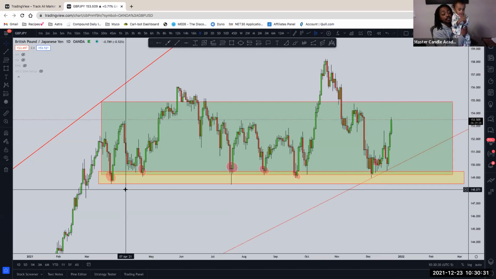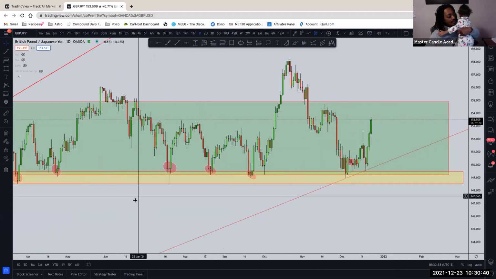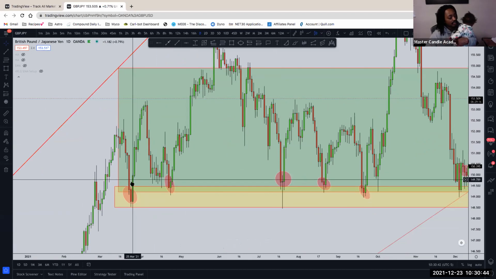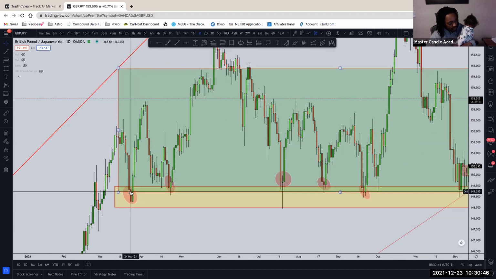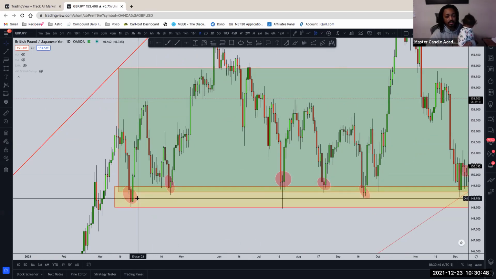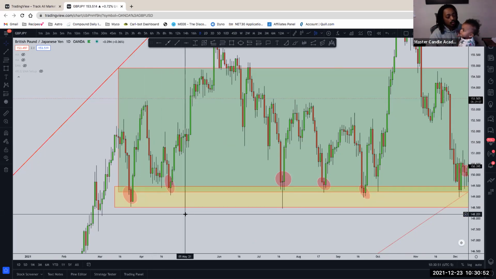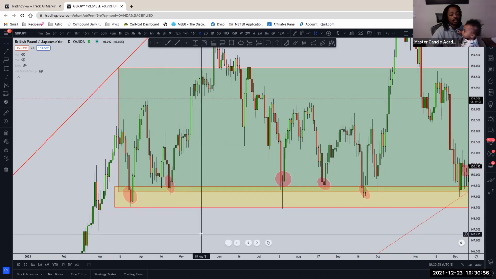You're looking for engulfing candles. Because engulfing candles and order blocks kind of go hand in hand. Why do I say that? This is the engulfing candle here. Some people would consider this candle the order block, just the way that people see it. But what you have to have present 9 times out of 10 is a bullish engulfing candle.